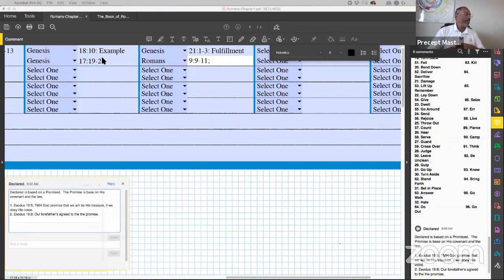And then it says, not only this, but when Rebekah had conceived, because he got into more, even by the one, our father Isaac. Now watch what happens here. For the children not yet born, neither having done any good or evil, that the purpose of God according to election might stand, not of works, but of him that calleth.